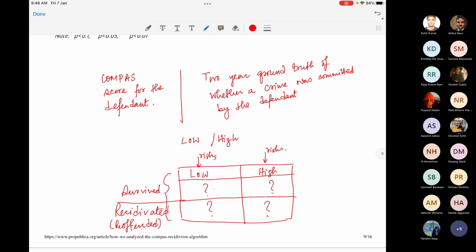I think it is true negative. True negative. Okay. What is the second one? False positive. True positive. False negative. Yeah. Now, what are they going to do with this?